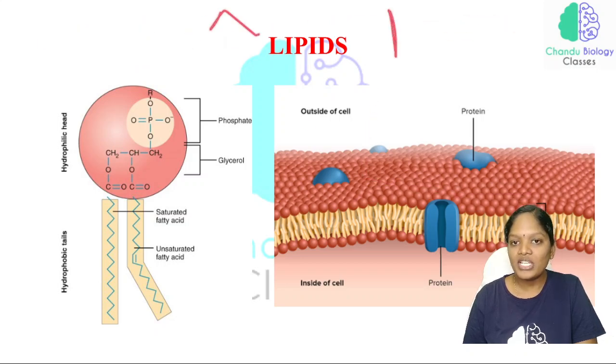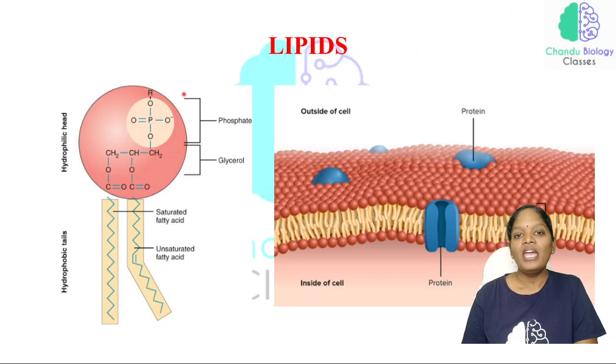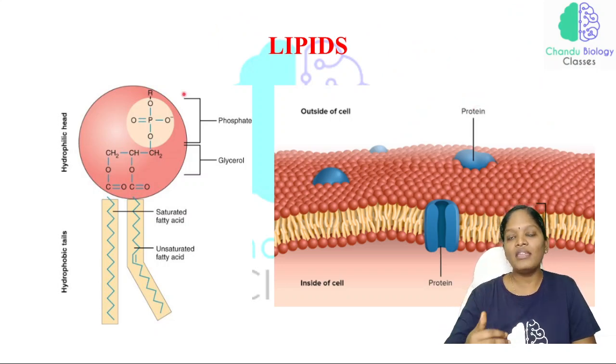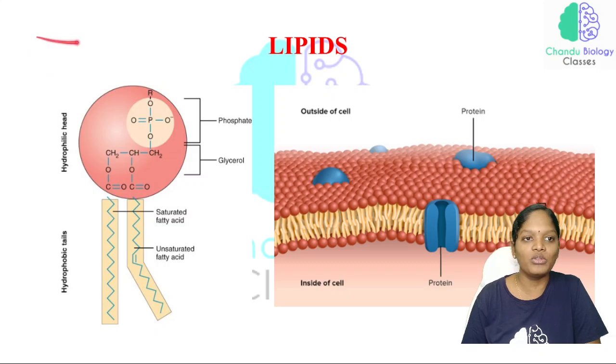If the temperature is very low, in the colder regions, the membrane is very rigid. The membrane should not be extremely fluid and should not be extremely rigid. And what takes care of preventing too much rigidity and too much fluidity? That is done by the most important factor, which we are going to discuss.